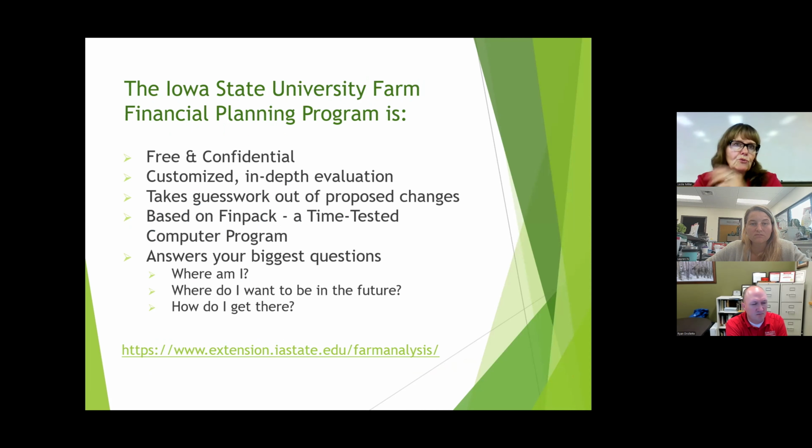They can look at your operation, do a balance sheet, do a cash flow, and work with you on some suggested changes. They are a source that you can use, and you don't pay anything for it. It's actually provided through funding by Iowa State and the state of Iowa. So it's something that you can access as you need it, when you need it.